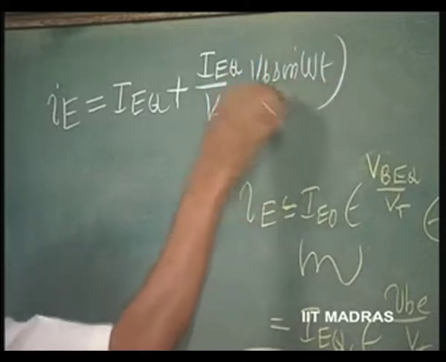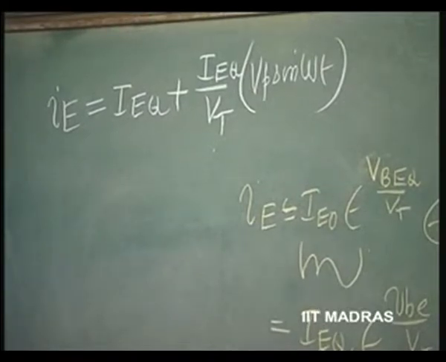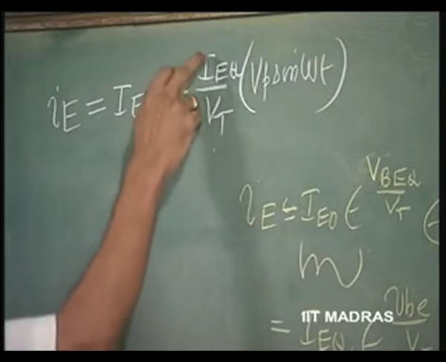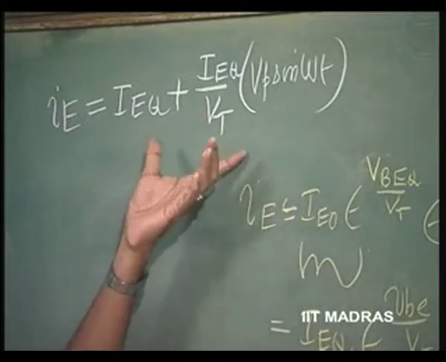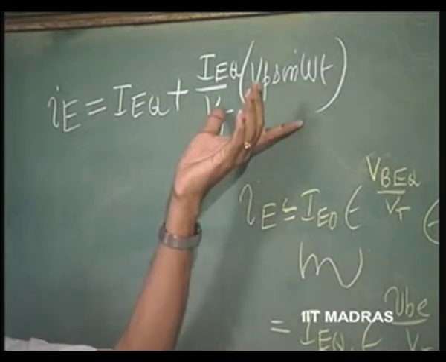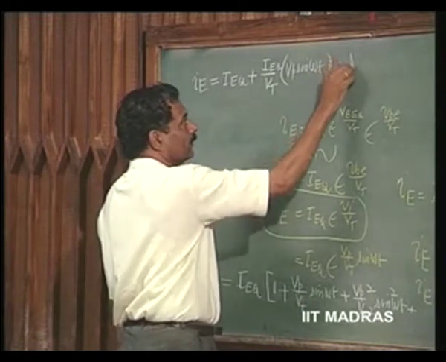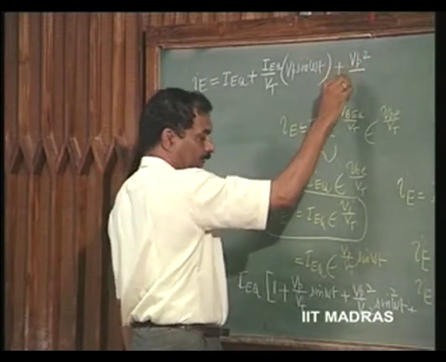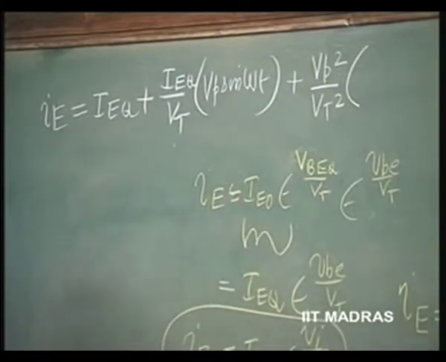This is the input voltage. Okay. So, this IEQ by Vt into Vp sin omega t, okay, is the factor of importance in an amplifier. It is linear.